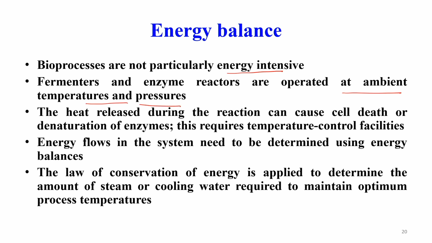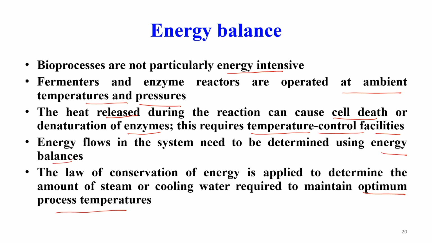But still, as there is a metabolic pathway, heat is released, and although the amount is not very high, it can still damage the cell or denature the enzymes. So we need temperature control facilities to maintain the optimum process temperature. In order to provide this temperature control device, we need to do this energy balance.